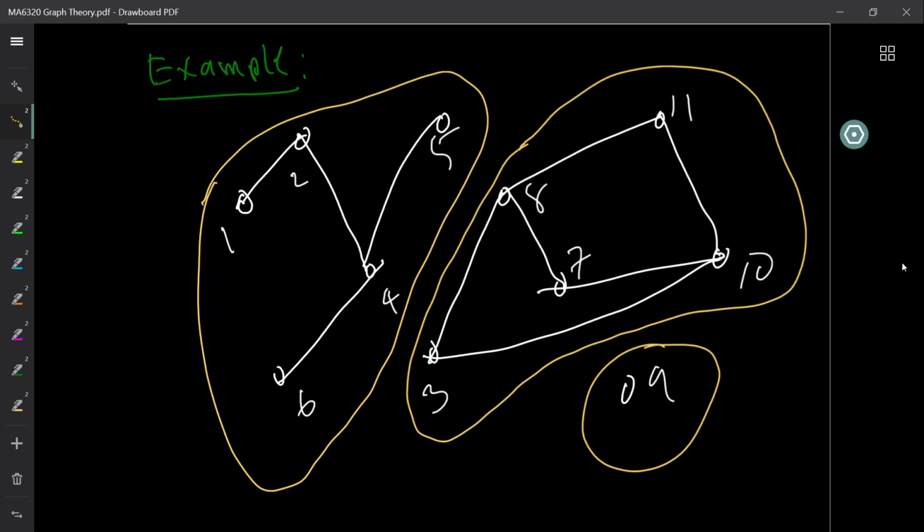And therefore one can also see components as maximal connected subgraphs. Right? So the graph as a subgraph should be connected and a maximal subgraph. So this is another way of defining components, right? So components are maximal connected subgraphs.